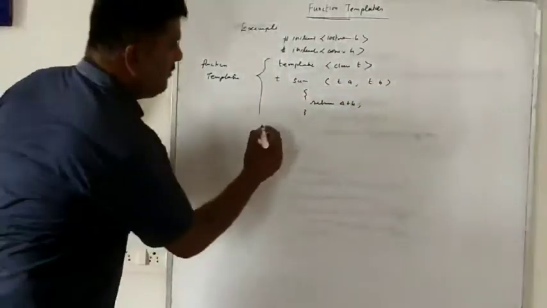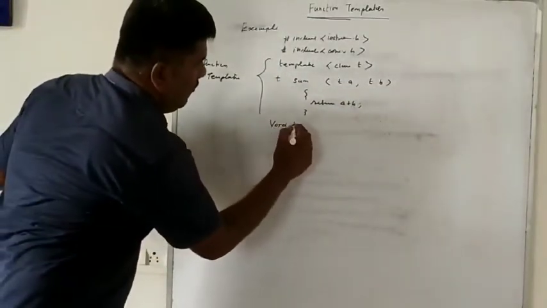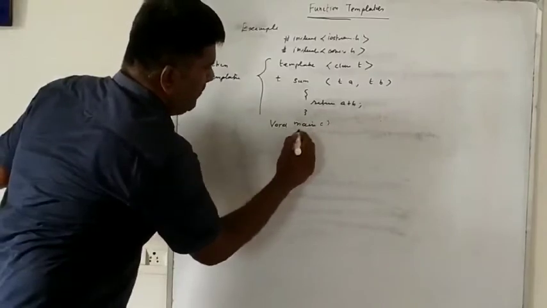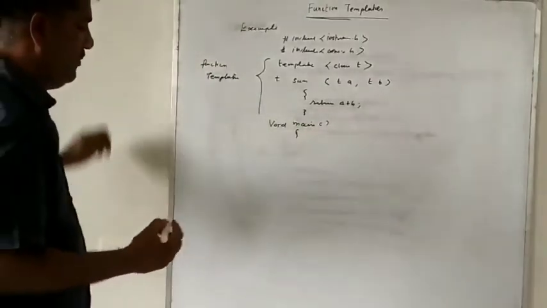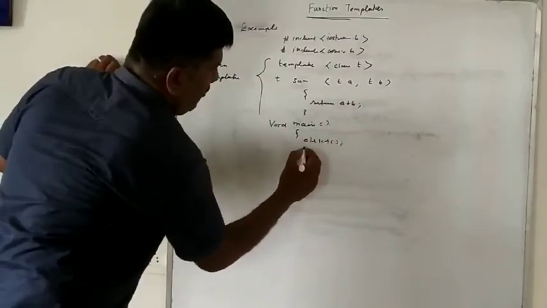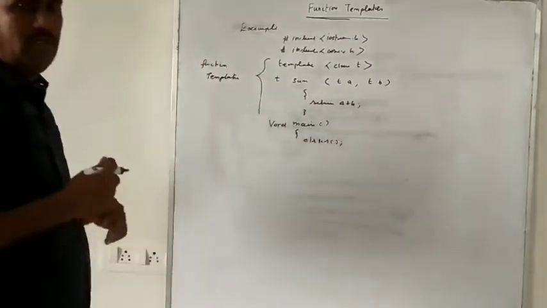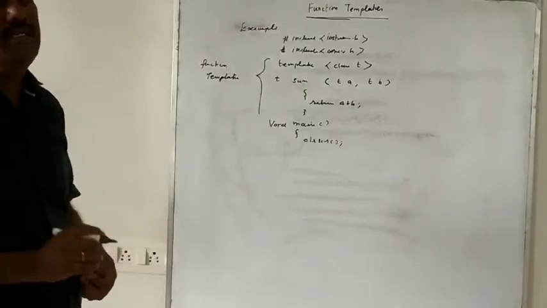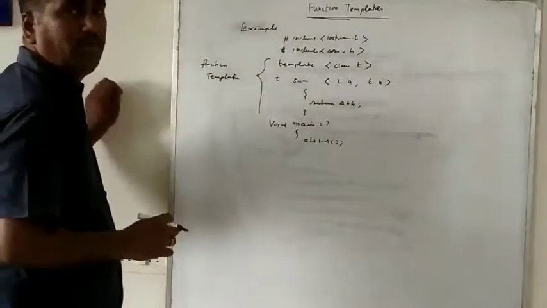Now we define the void main. First, suppose we are passing integer values to the template function.